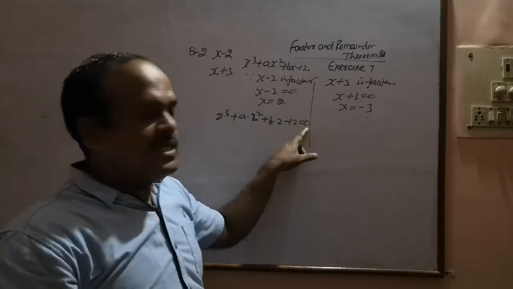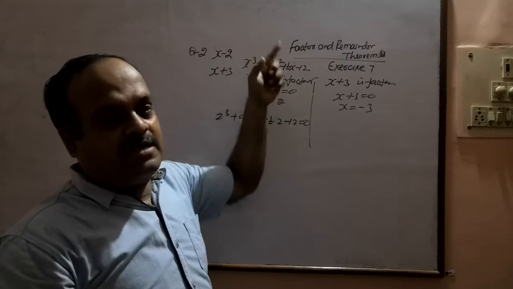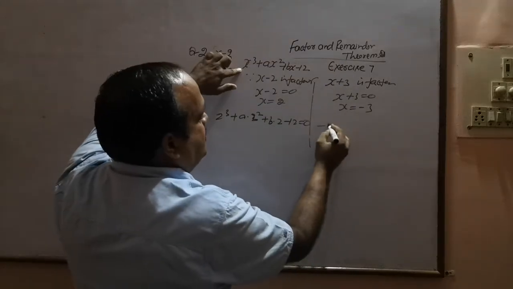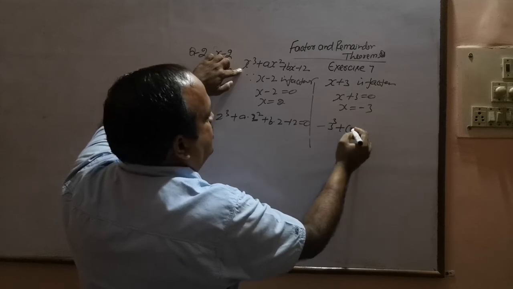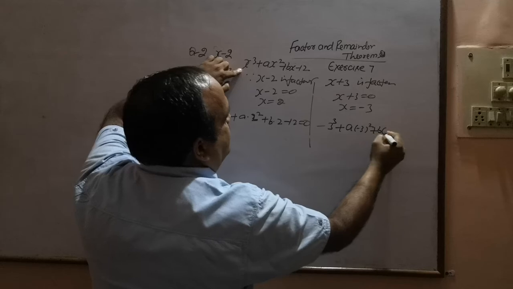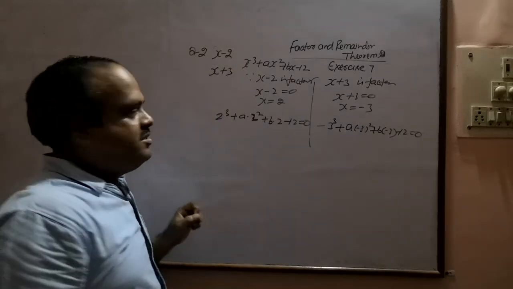You know why we are writing 0 here? Because this is a factor, and when this is a factor, the remainder will be 0. Minus 3 cube plus a into minus 3 square plus b into minus 3 minus 12 equals 0.